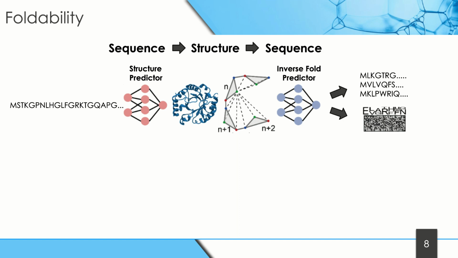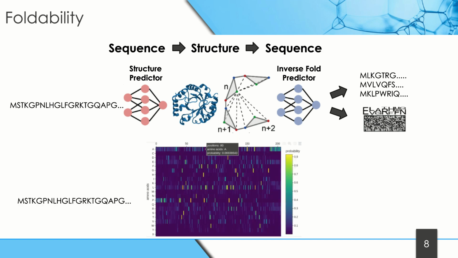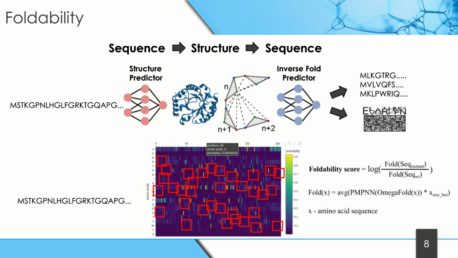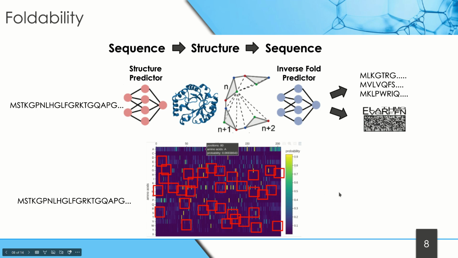With this pipeline, we predicted positional specific scoring metrics for a given sequence, on which we then projected one-hot encoded amino acids. The average of individual positional probabilities is then represented as a foldability of a given sequence.